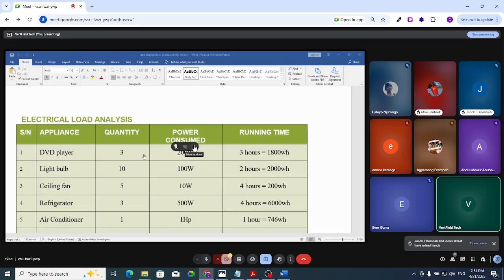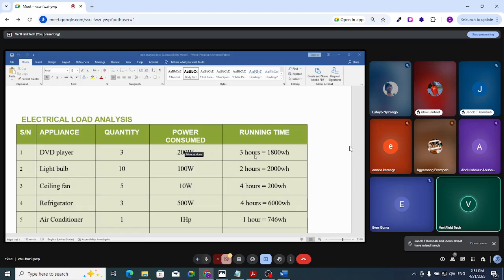That is the formula. But then there is a way to apply that formula. The technique is that you use that formula to get the energy consumption, or energy need, of each and every one of these 5 appliances. That is to say, what is the energy consumption of each of these 5 appliances?